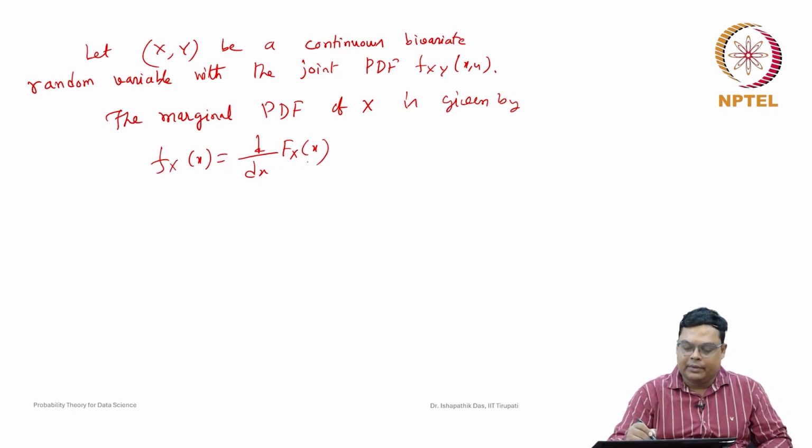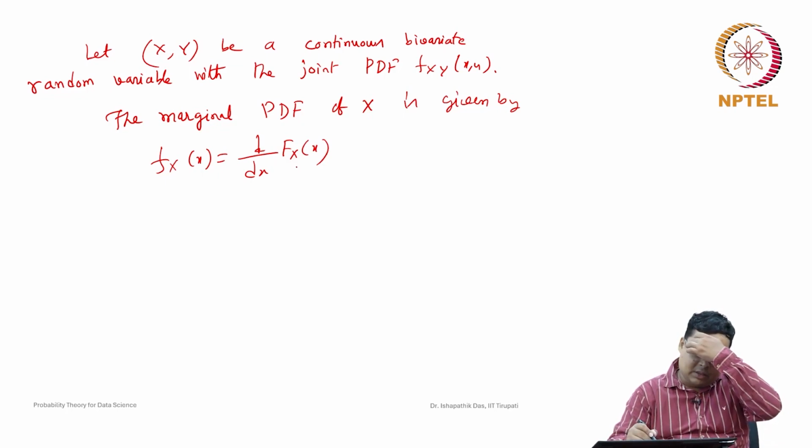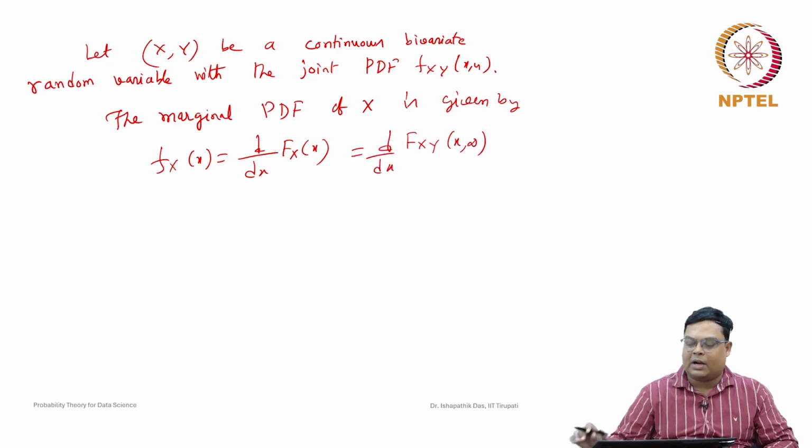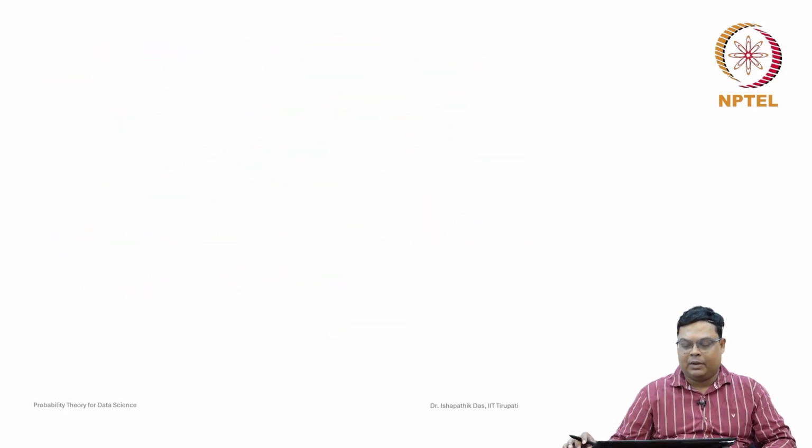Now, how can we find this? d/dx of F_X(x) is nothing but, if you take F_XY(x, infinity), then it is nothing but the marginal. But we cannot write this infinity in this way, because we have to take the limit.